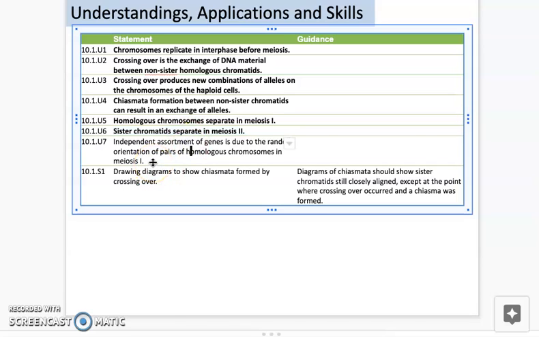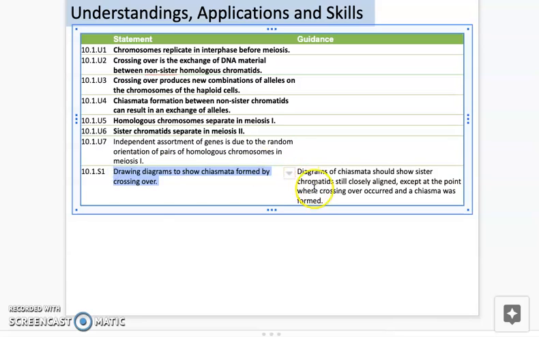Independent assortment of genes is due to the random orientation of pairs of homologous chromosomes in meiosis 1. Okay, so we haven't completely talked about what independent assortment is. We did talk about random orientation of the chromosomes, which results in independent assortment. That is true. Draw diagrams to show chiasmata formed by crossing over.